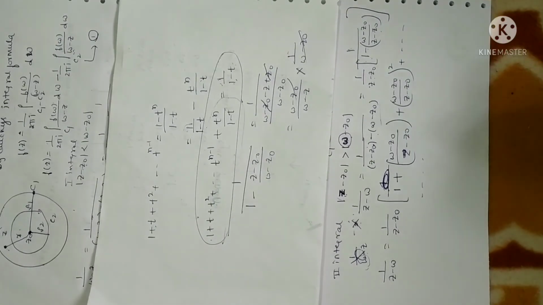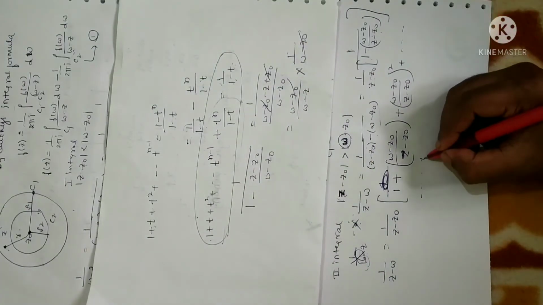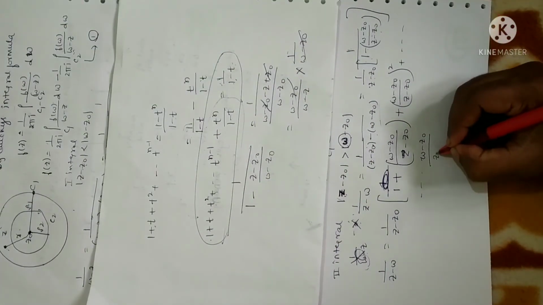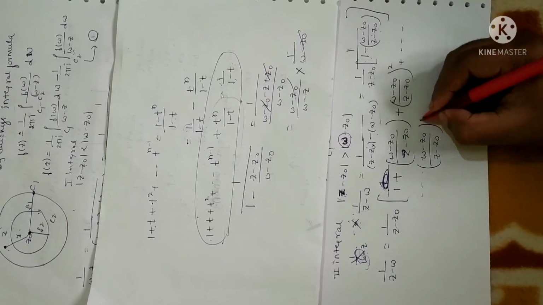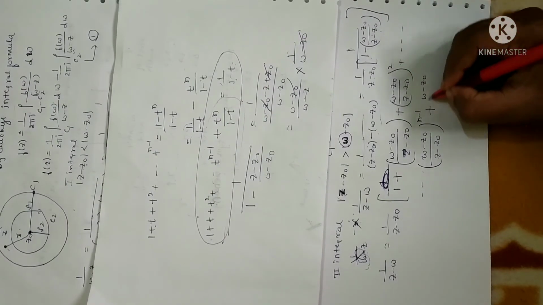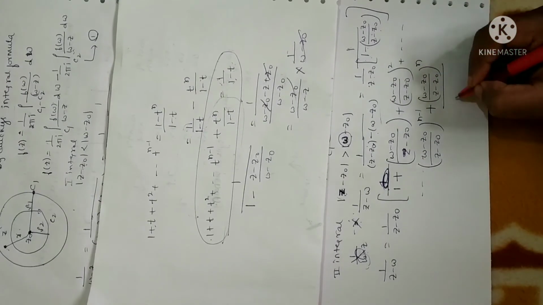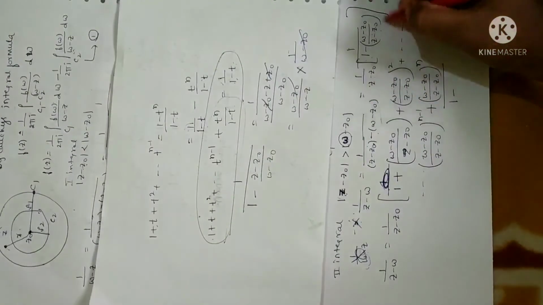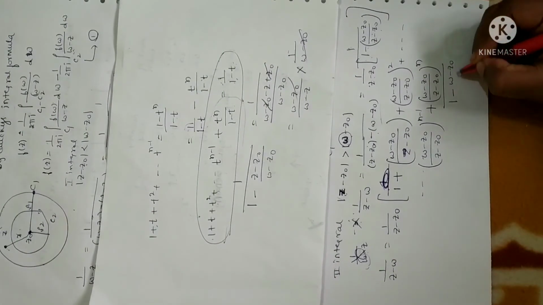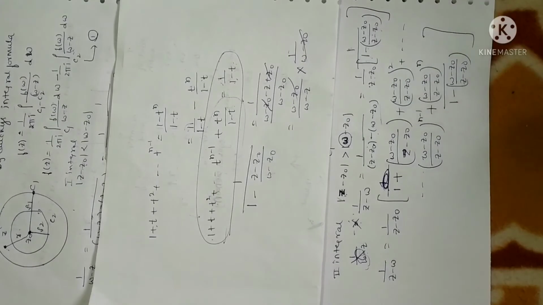If you continue the same, the last term will be t power of n minus 1, in the sense w minus z0 divided by z minus z0 whole power of n minus 1, plus t power of n, w minus z0 divided by z minus z0 whole power of n divided by 1 minus t, 1 minus w minus z0 divided by z minus z0. I have just applied the formula.